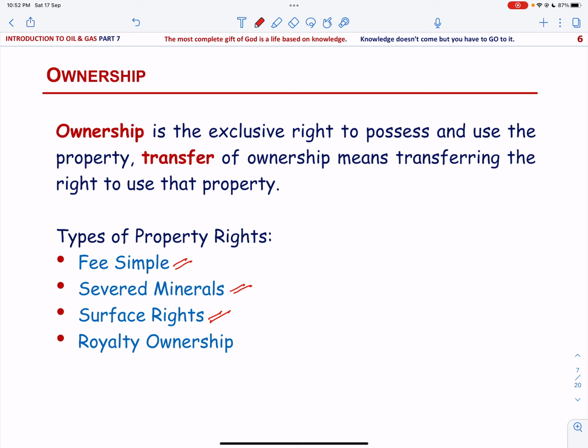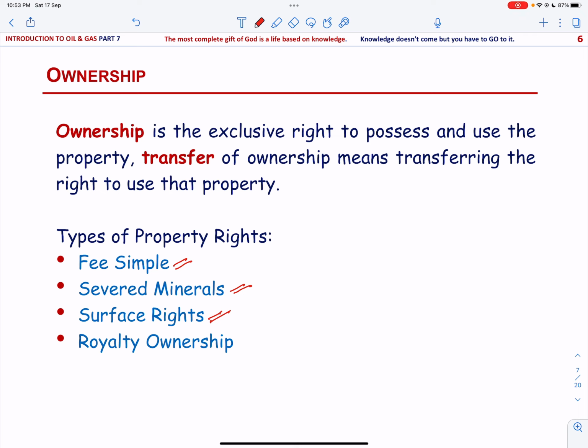The last type of ownership is the royalty ownership. The royalty owner has the right to receive a royalty or a share of production, but they cannot grant an oil and gas lease or receive the associated bonuses on rental payments.